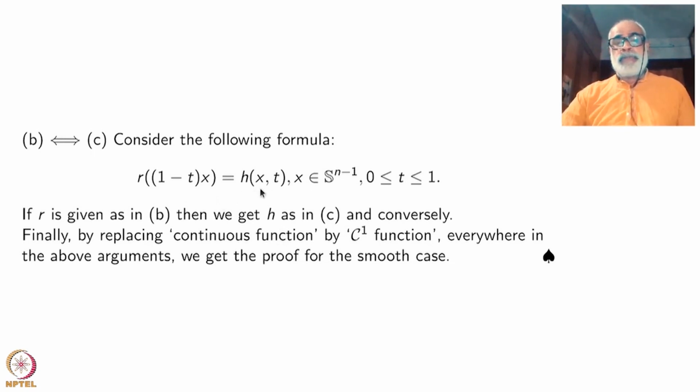And finally what happens when t equals 1? h of xt is a constant. And what is that constant? R of this one. So if you have R, then h will satisfy that property and vice versa. Therefore this one formula proves both B implies C and C implies B.